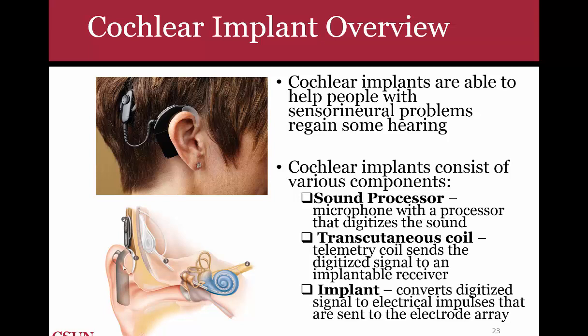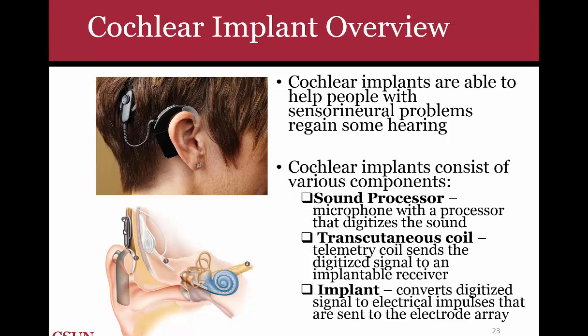Basically, this thing over the ear, that's the sound processor. That's basically a microphone that captures sound that the user is hearing. Then that is digitized and sent to this transcutaneous coil.